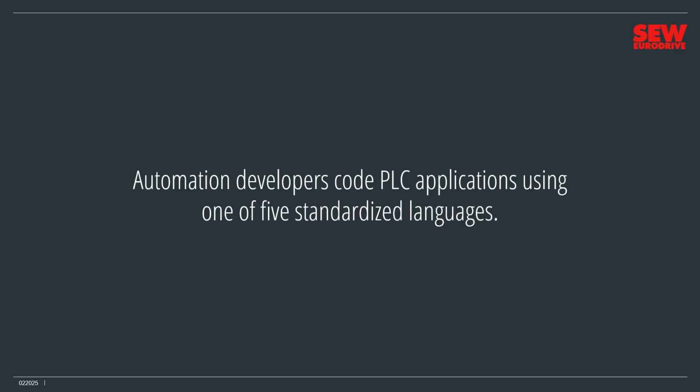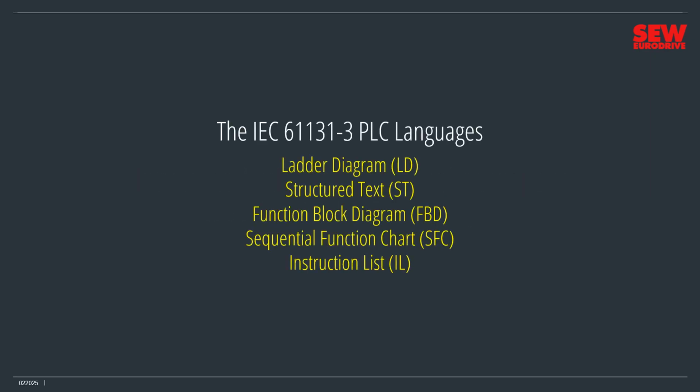By agreeing to use standardized languages, the PLC industry reduces the learning curve for programmers moving from one PLC brand to another. Collectively, these languages go by the name IEC 61131-3 and include ladder diagram, structured text, function block diagram, sequential function chart, and instruction list.